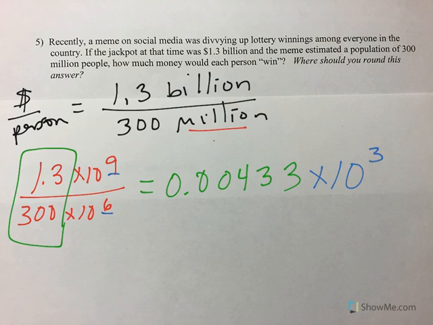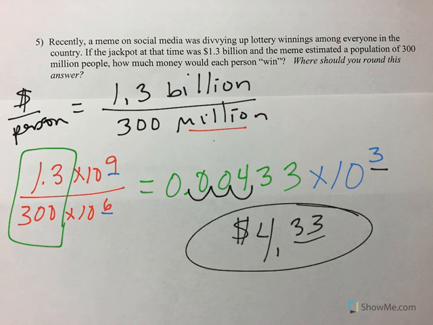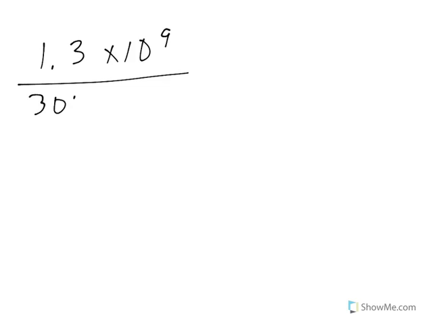Well, we're talking about money, so we're going to change this to standard form anyway. I'm going to move my decimal 3 places, 1, 2, 3, and we end up with $4.33. Now, if I had changed that, this was billion, and we had this in million. If I move this over 2 places, that means this goes up by 2.